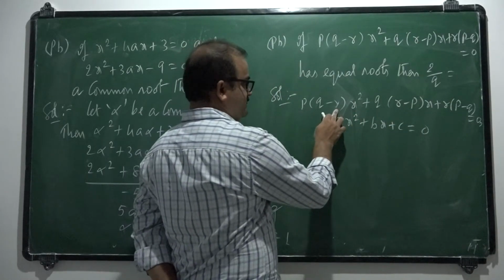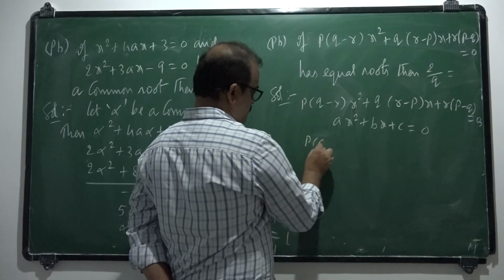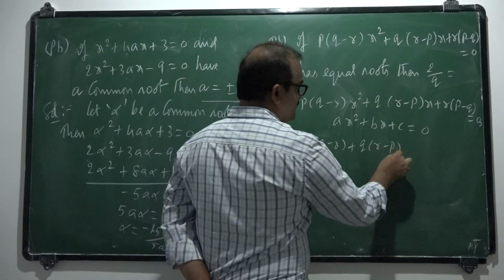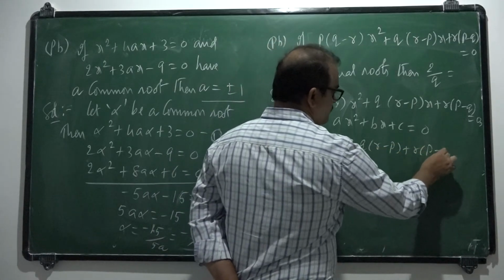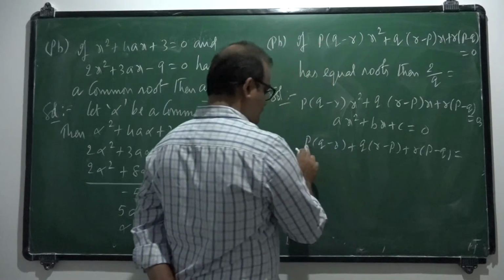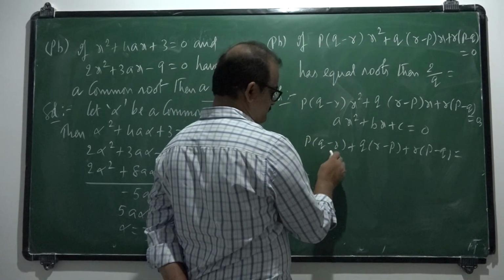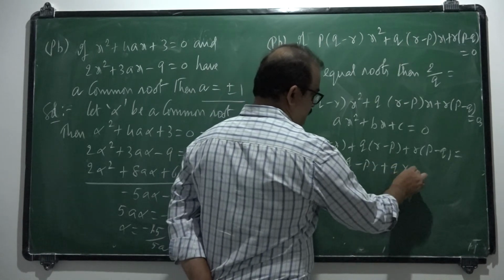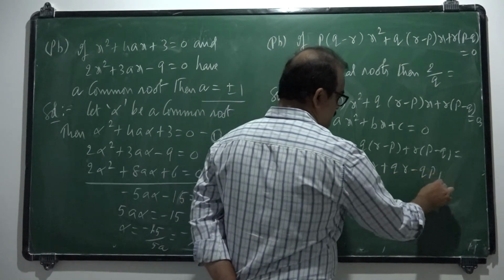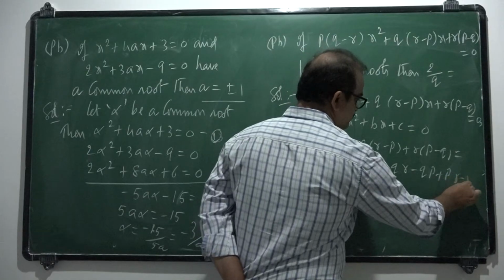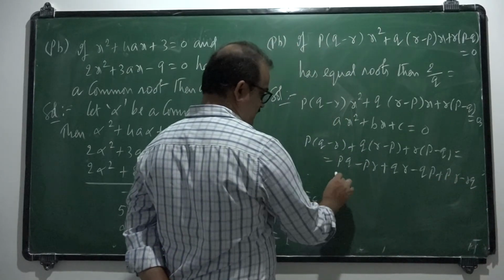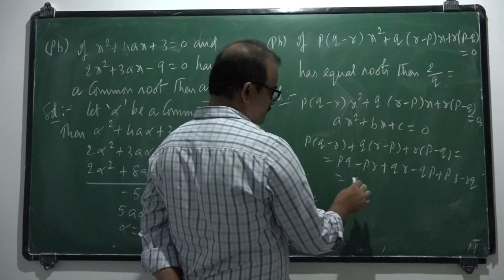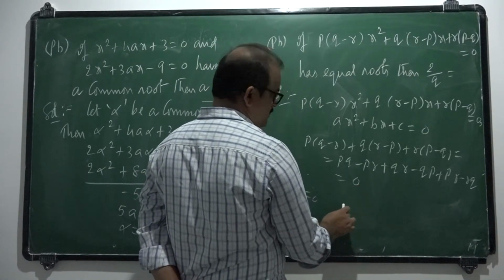P into Q minus R, Q into R minus P plus R into P minus Q, on adding, PQ minus PR, all terms get cancelled, we get 0. If sum of the coefficients is 0, then x is equal to 1 is a root.